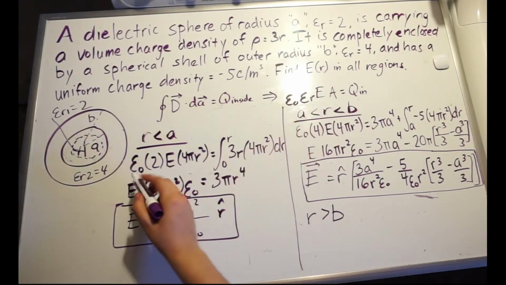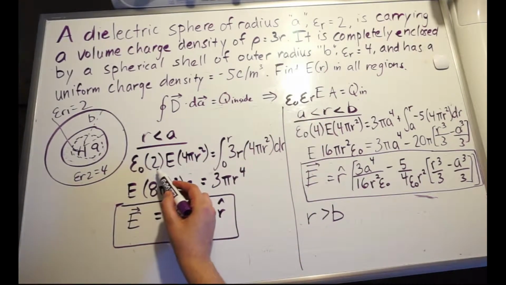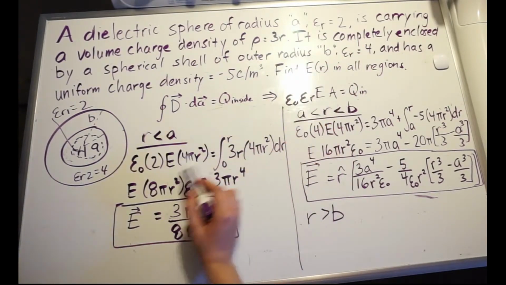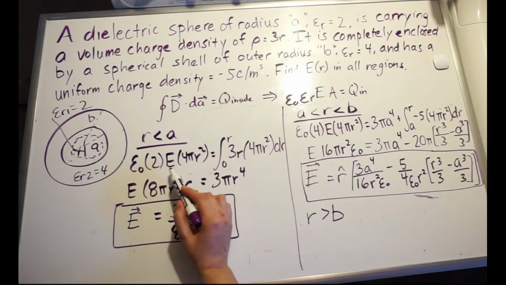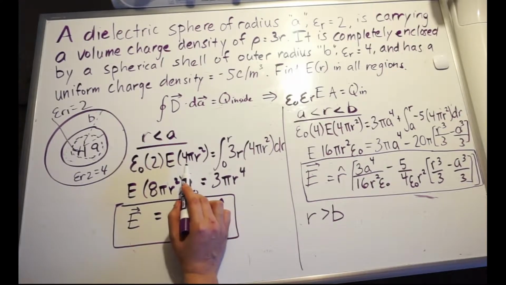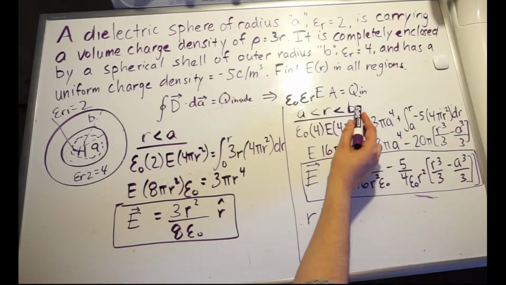We have epsilon naught, epsilon r, which in this case is just 2, and E is what we're solving for. Times the surface area of the Gauss surface, 4 pi r squared, and that's going to equal Q inside.